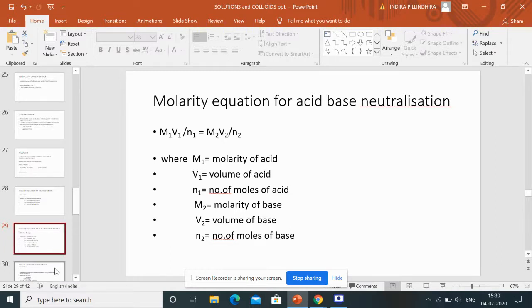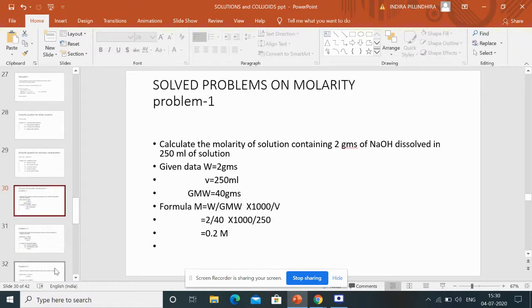Now we'll move to the next slide, the solved problem number one. So before we go to this, look at these solved problems. By seeing the formula of the molarity, we came to know that there are four factors. That is, M is equal to W by GMW into 1 by V. That is M, W, GMW and V. That is, there are four factors. And all those problems are based on this formula only.